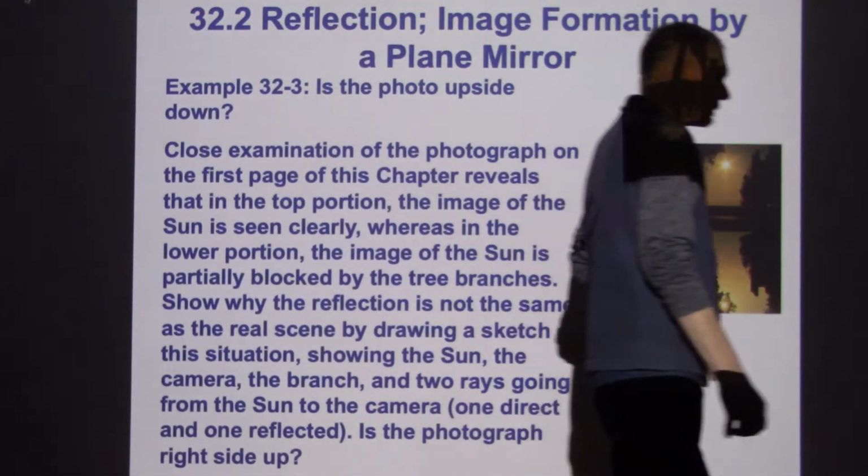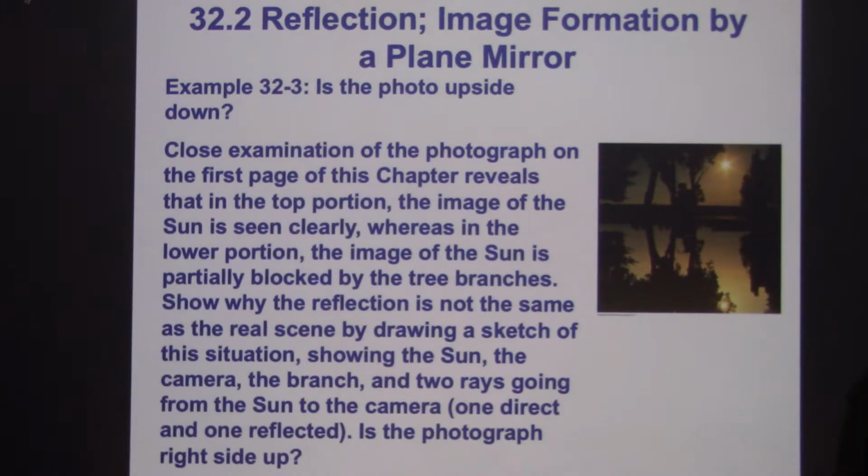So what they're suggesting is this. Does that picture make more sense? Or does this picture make more sense? I flipped the whole thing upside down. So here, the light's coming through the tree, but in the reflected version, the sun is visible. It's not being covered up by the tree.